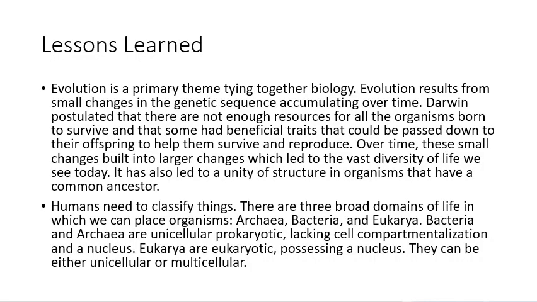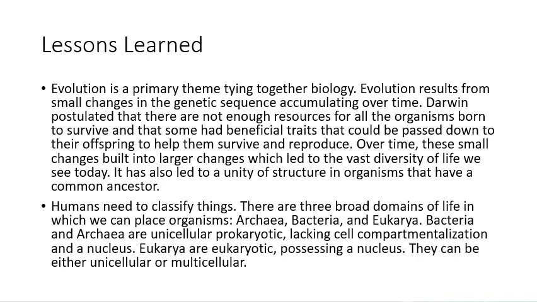So there you have it, the basics of evolution. We will cover a lot more about evolution in Bio 102, but it's the primary theme that ties together all of biology, and it results from small changes in genetic sequences accumulating over time. Darwin first put forward the idea of descent with modification.